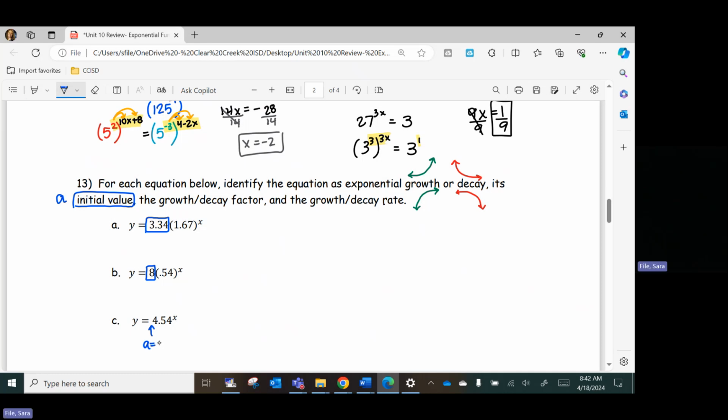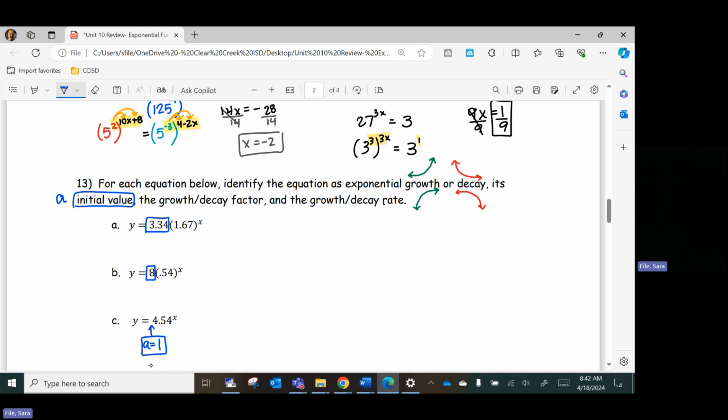If there's no coefficient, it's an understood 1. Because times 1 doesn't change it. So if there's nothing there, it's assumed to be a 1. So the initial value, done. I've answered that for all of those.